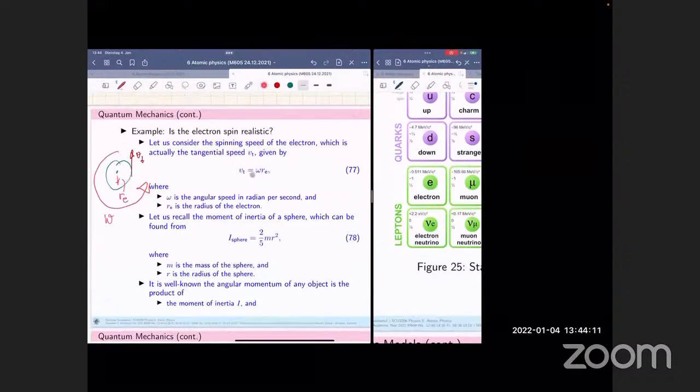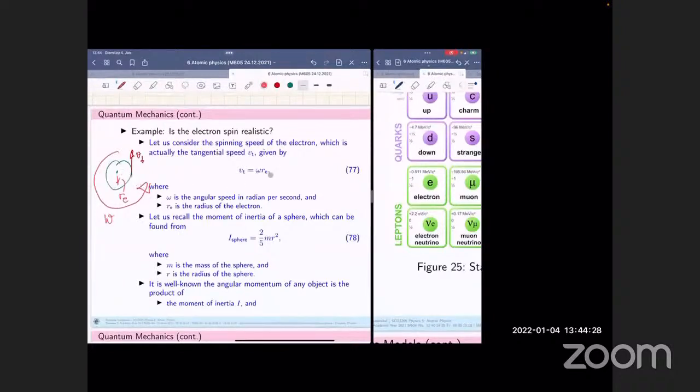So you can get the tangential speed from this expression.